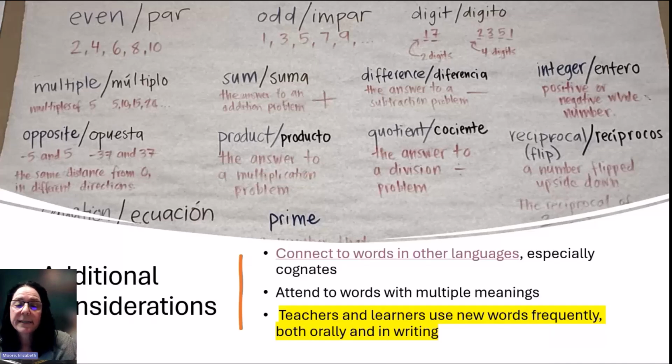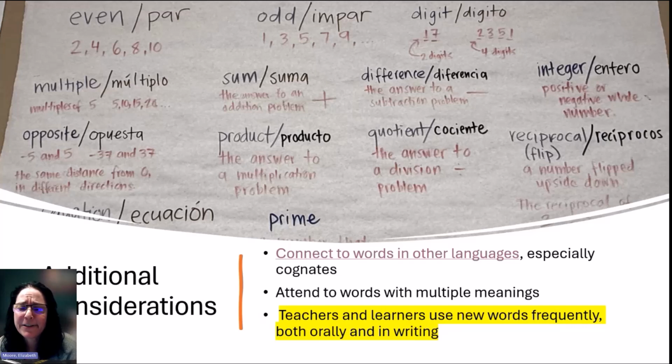We also want to pay careful attention to words that have multiple meanings, especially that might be used in casual conversation or other subjects. We'll talk more about that on the next slide. And have students repeat the word out loud when you introduce it, and include new words in a sentence stem for partner talk so that they get more chances to practice saying it right up front.